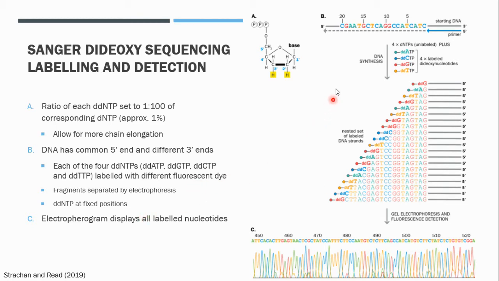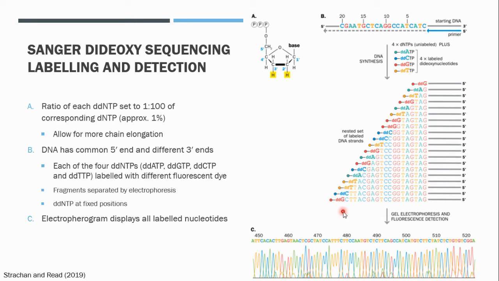So the fragments from the sequencing reaction are then resolved using electrophoresis, and 2 different techniques can be used: slab electrophoresis or capillary electrophoresis, which we will discuss in the next slide. Let's say, for example, we've used capillary electrophoresis.